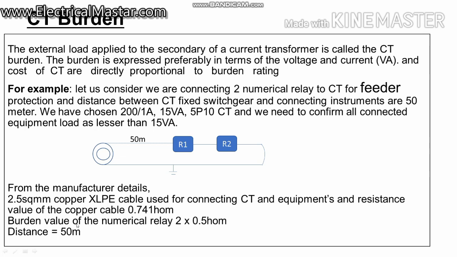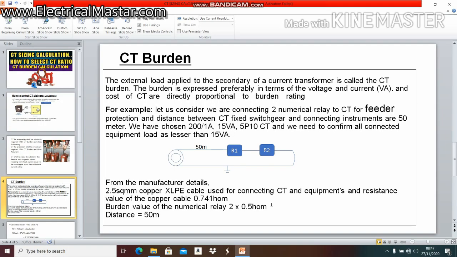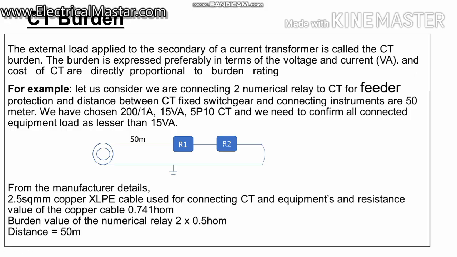They are using a numerical, digital relay, and each relay has a burden value, which we can get from the data sheet, that is 0.5 ohm. So 2 relays I am using, that's why I put 2 into 0.5 ohms. And the distance, as already mentioned, is 50 meters. So these are the inputs we are getting from this question.